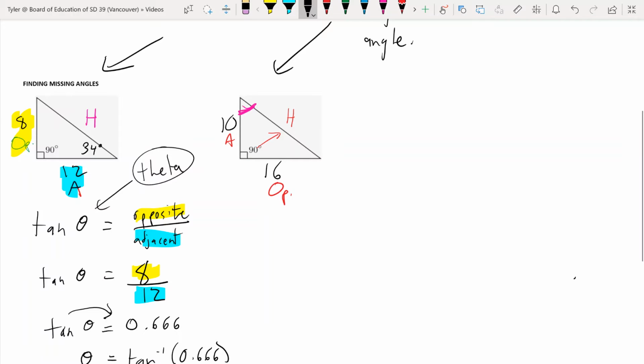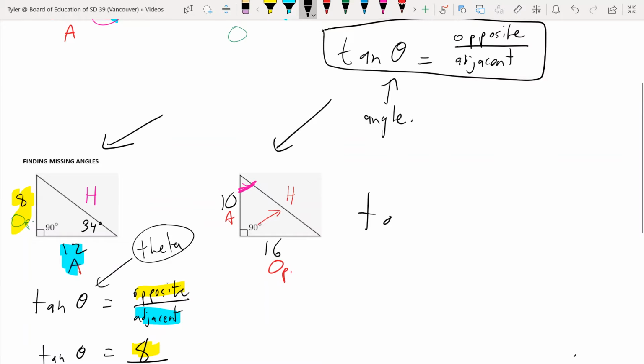I'm going to start by writing my equation, same as every time: tan theta equals opposite over adjacent. I just write those three letters because I know what they mean. Then I'm going to put in the numbers. Opposite was 16, and adjacent was 10.